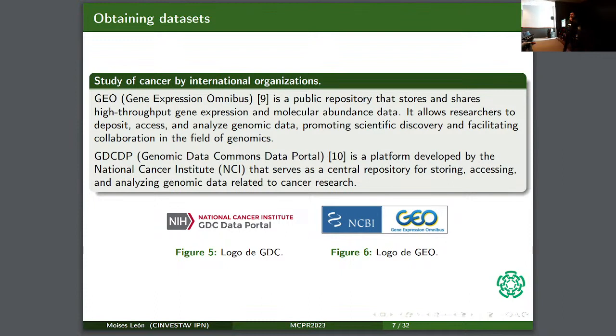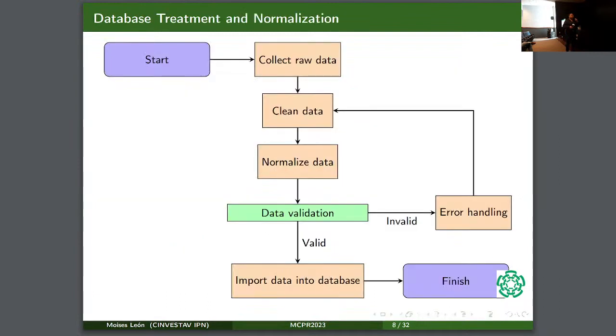We obtain the data sets from two repositories. One is GEO, that is the Gene Expression Omnibus, and GDC, that before was TCGA, the Cancer Genome Atlas. For the treatment and normalization of these data sets, we collect the raw data. This is very important because the data sets contain a lot of information that is not useful for us, because it contains the age of the person, the sex, the race, and more information that is not relevant.